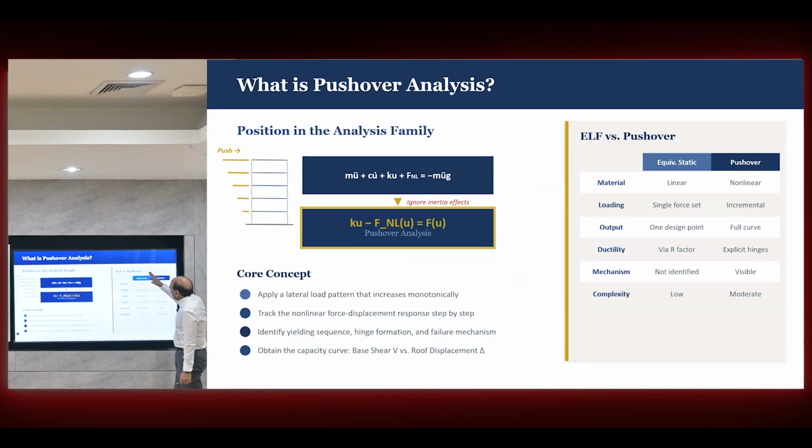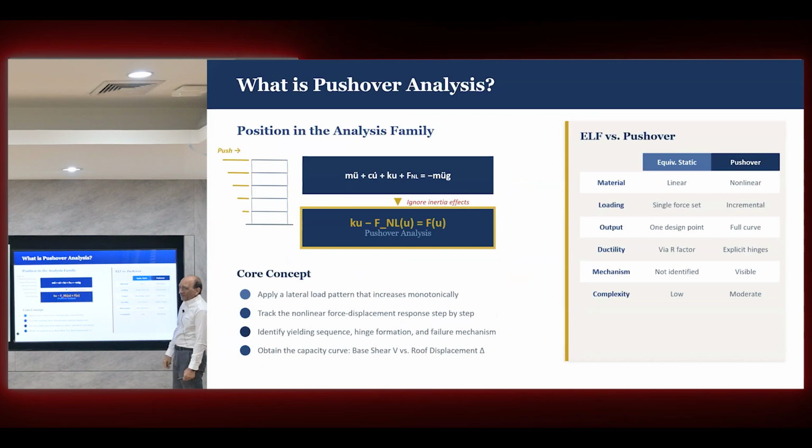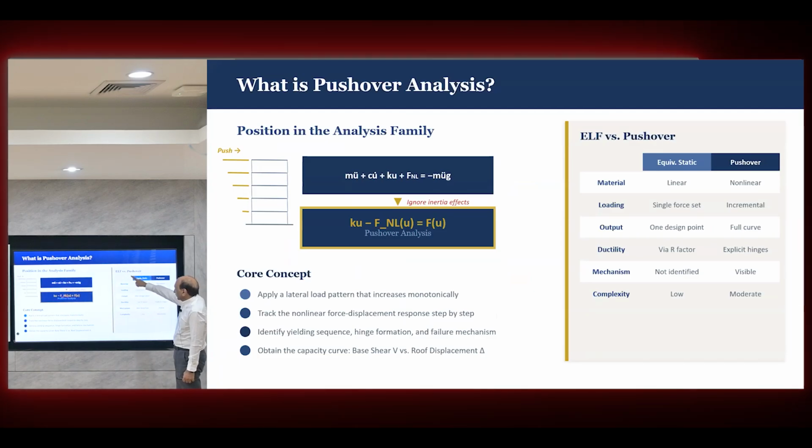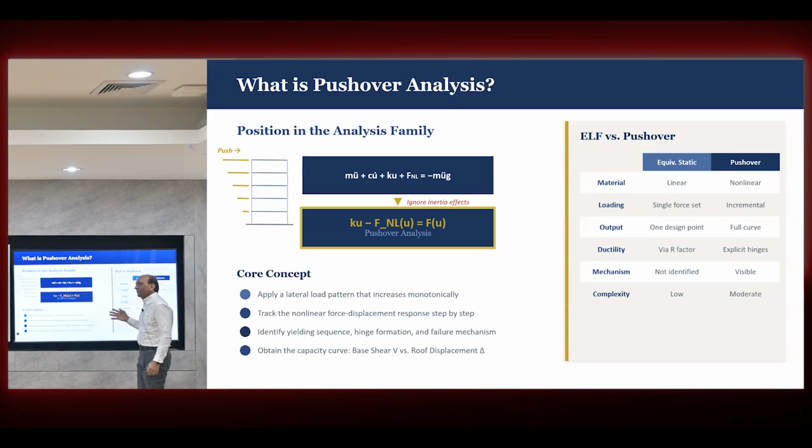Previously, the material has been linear, the loading has been a single force set, and the output has been one design point. Especially compared to the equivalent static method, the first one, this is very similar.